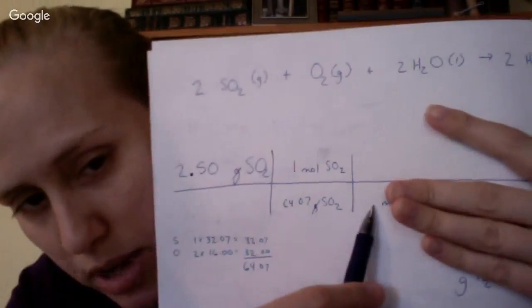So what has to go on the bottom? Moles of SO2. There you go. Just 2. And then we're going to have moles of... What are we looking for? Is it going to be SO3? What are they asking you for?